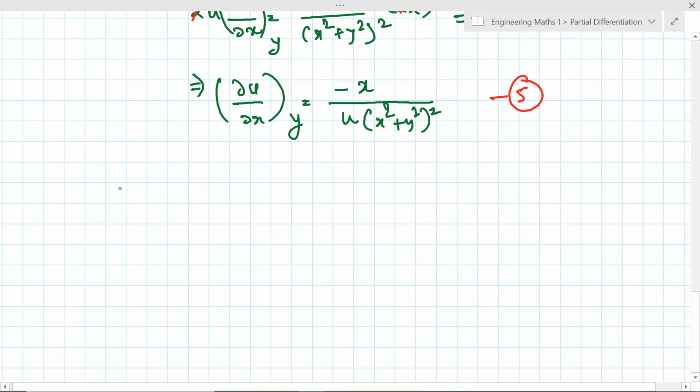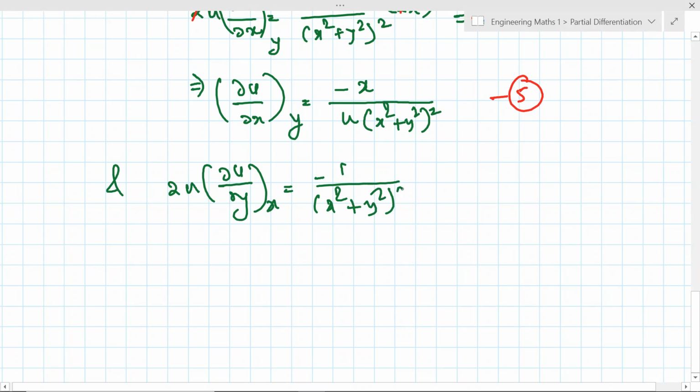Similarly, with respect to y, wherever there is x we replace it with y. So 2u into del u by del y, treating x constant, is equal to minus 1 upon (x square plus y square) whole square into 2y.